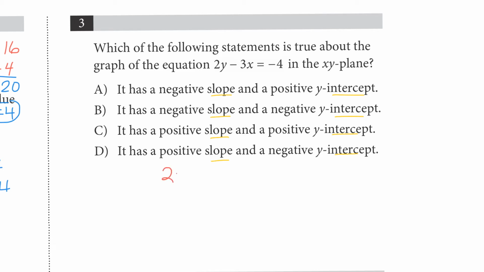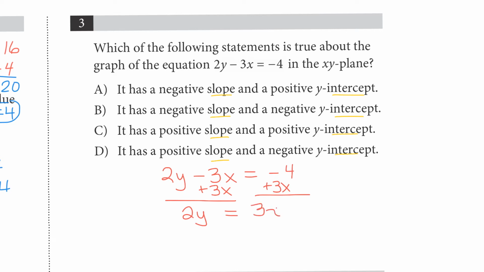So we're going to have 2y minus 3x is equal to negative 4. So I'm going to add 3x on both sides. And you now have that 2y is equal to a positive 3x minus 4.